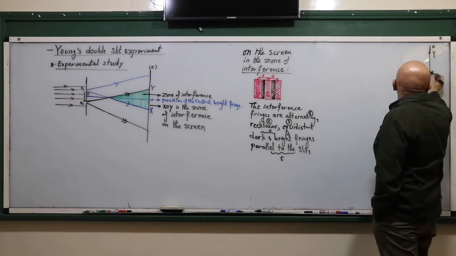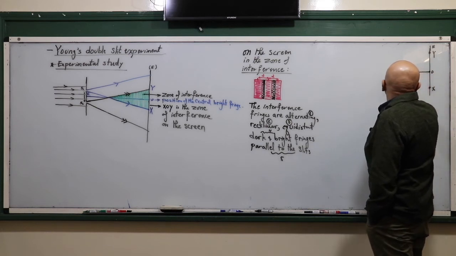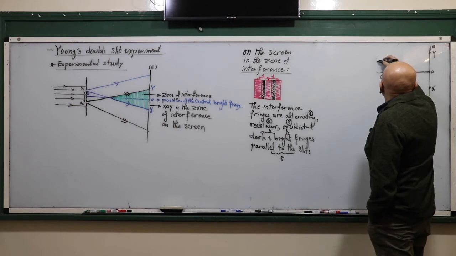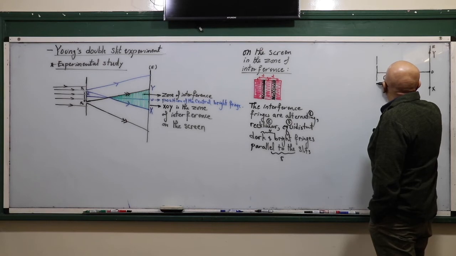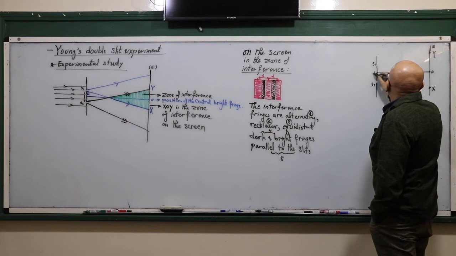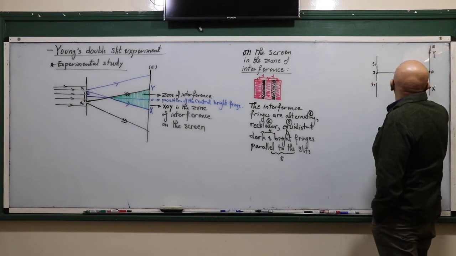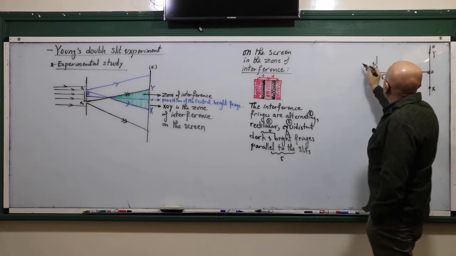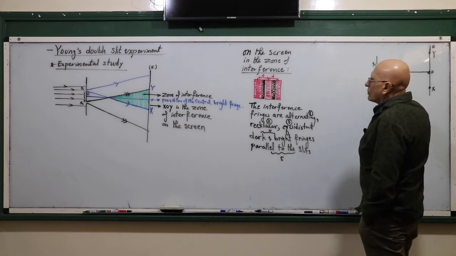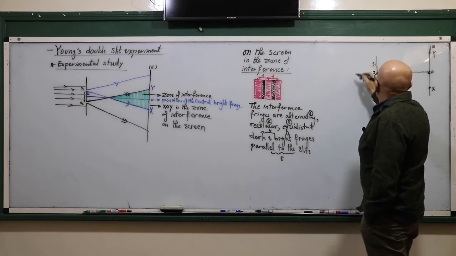And here, this is the plane of the slits, S1, S2, and this is the midpoint I, and O is the perpendicular projection of I, okay? Where I is the midpoint, and this is the laser beam.